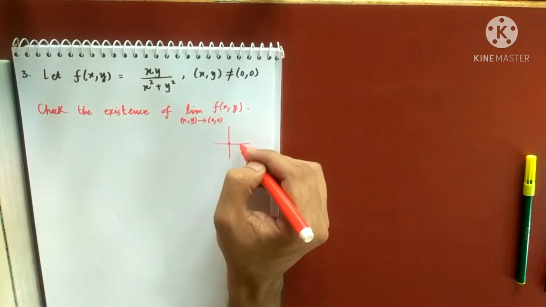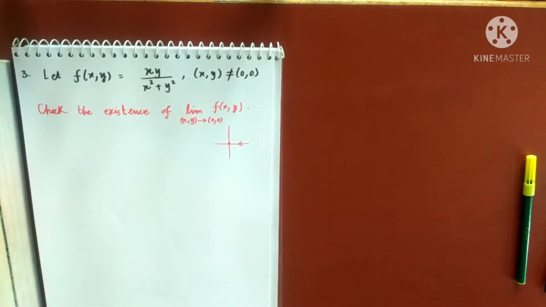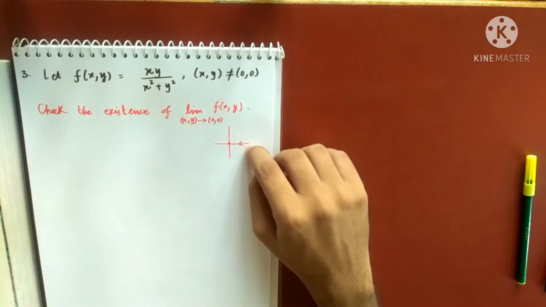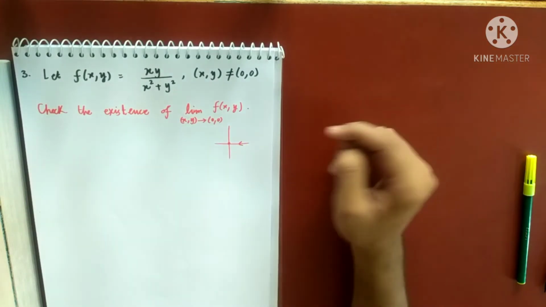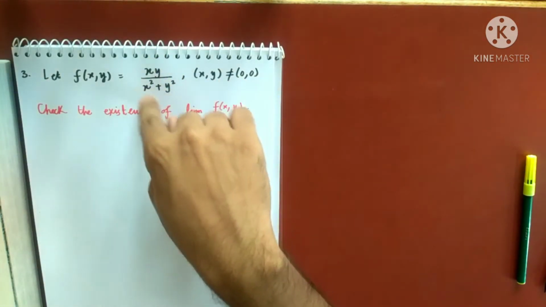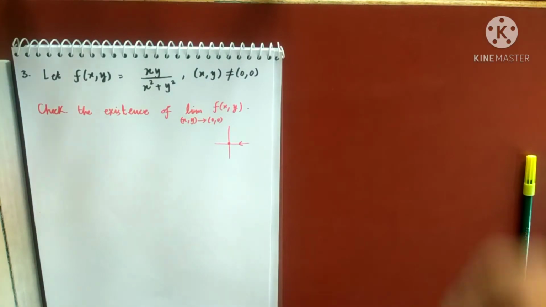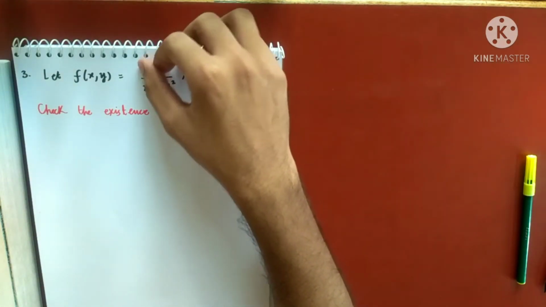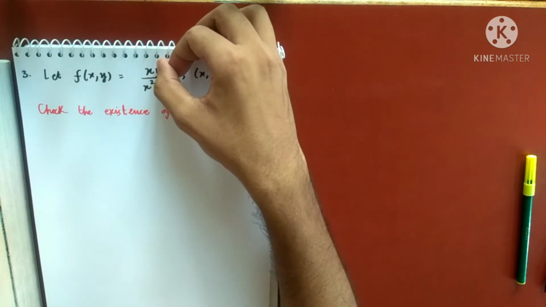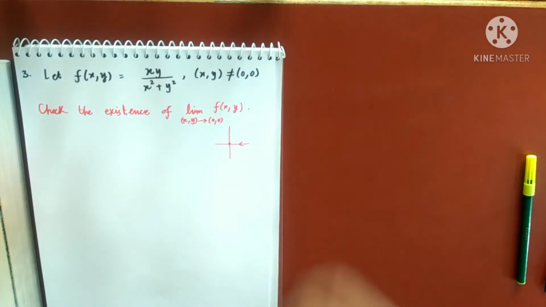Now you see here, if I go along the x-axis, you always start with this. This is the easiest way, right? If I go along the x-axis, that means I am going along y equals 0. Put y equals 0 here, and the function itself becomes 0, because the numerator xy is 0, and the denominator has x squared, which is not 0.